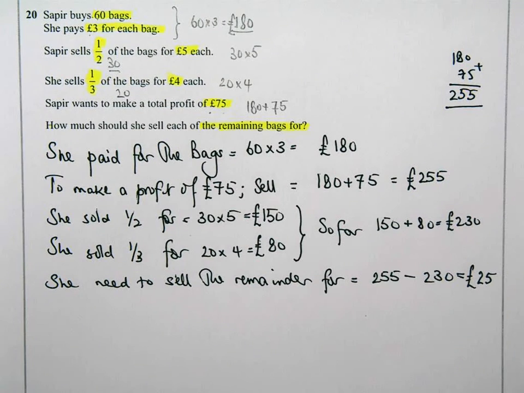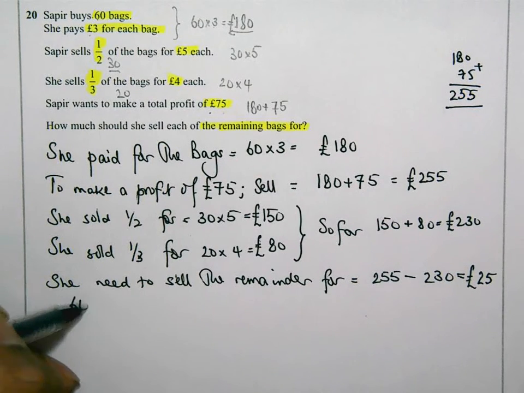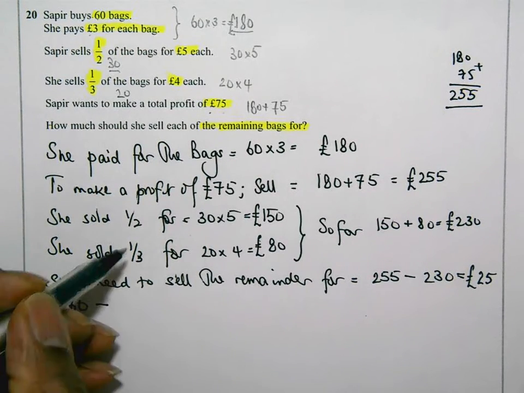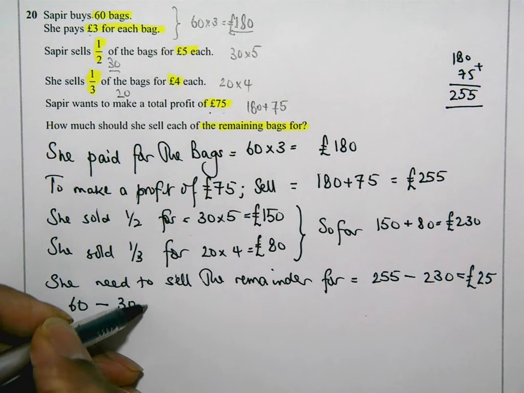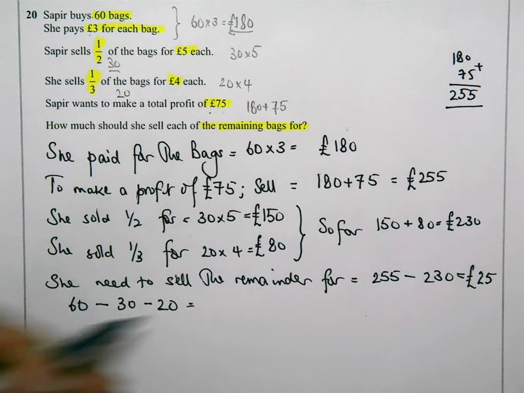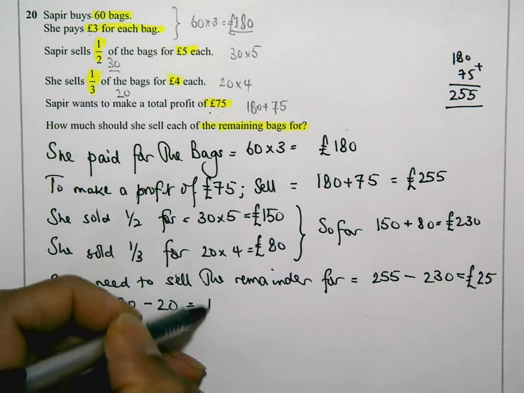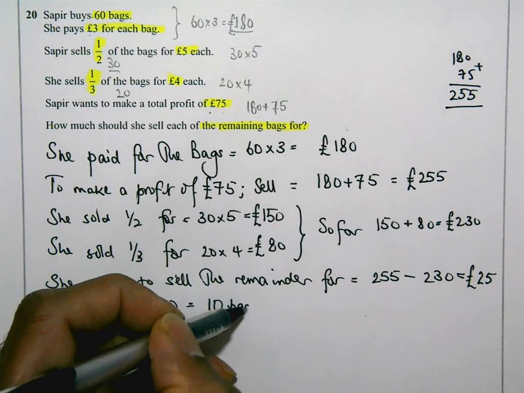Now how many bags has she got left behind? She bought 60 originally, she sold half of them, which is 30, and then she sold a third of them, which is 20. So 30 add 20 is 50. 60 take away 50 is 10 bags remaining.